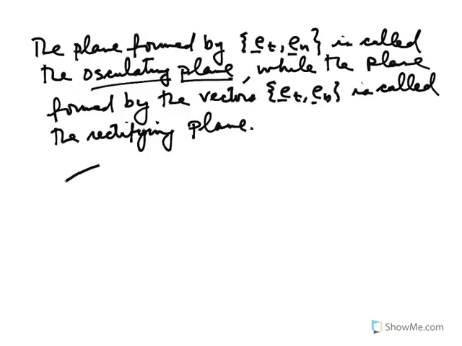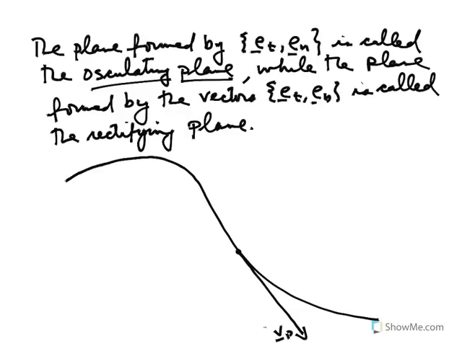Here's the trajectory of P in reference frame A, and here's my point P. Here's the velocity of P in A. The direction along that velocity is my tangent direction, also called the tangent vector.